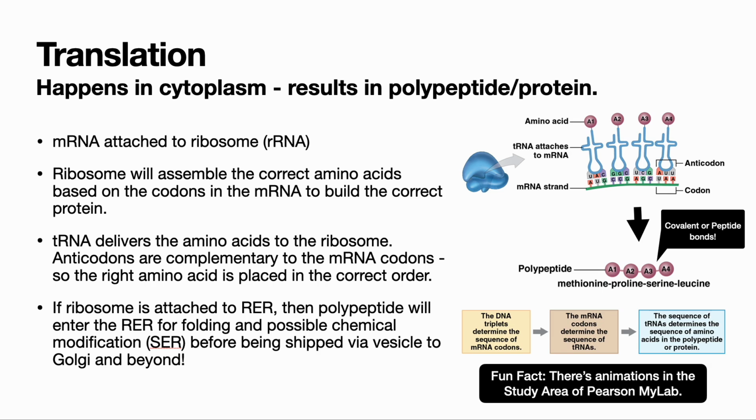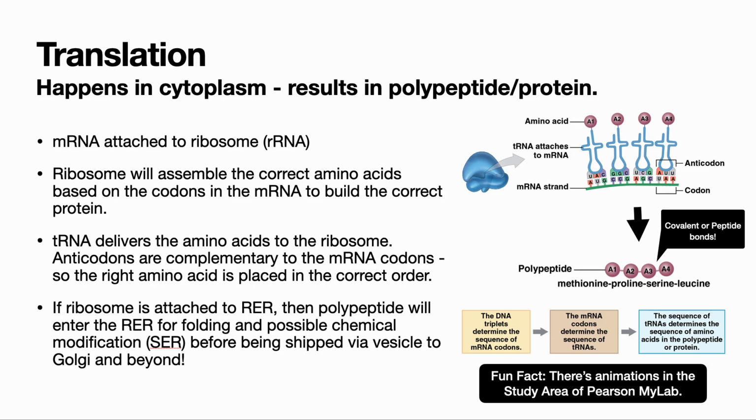So on the mRNA strand, every 3 nucleotides is a code for an amino acid, and the anticodon on tRNA matches that codon. And so each tRNA carries just one type of amino acid that it will bring and deliver to the ribosome to place in the correct location on the mRNA strand. So that's how we get the right amino acids in the right place.